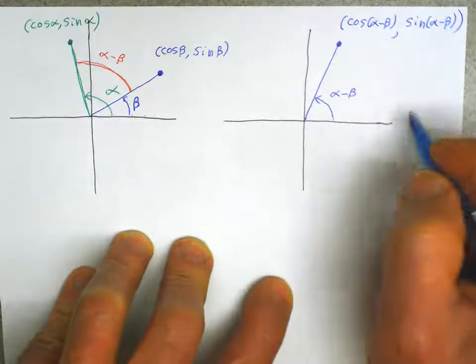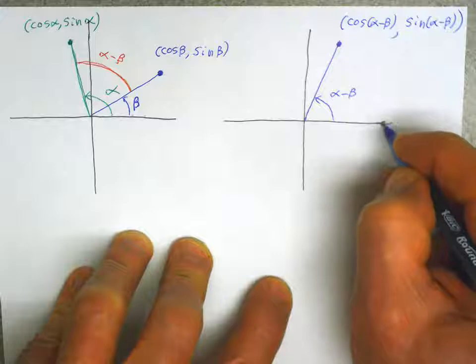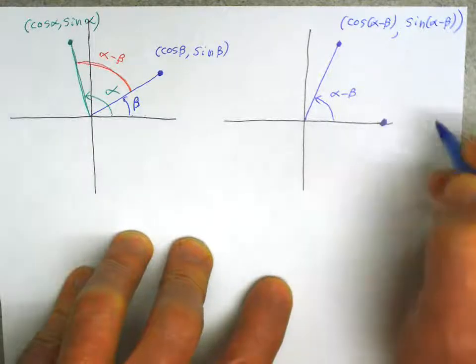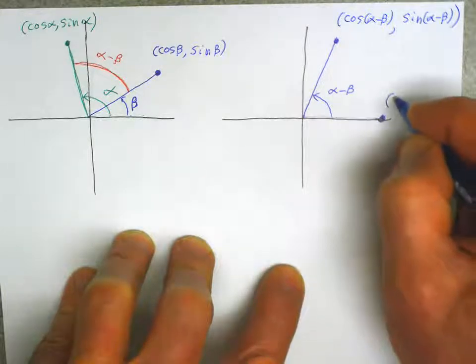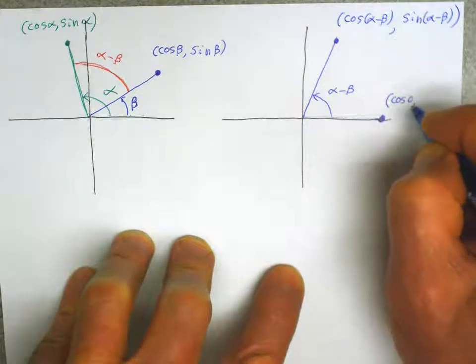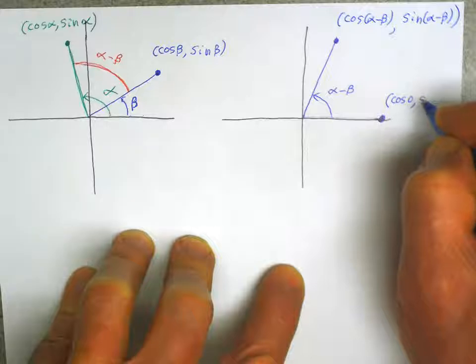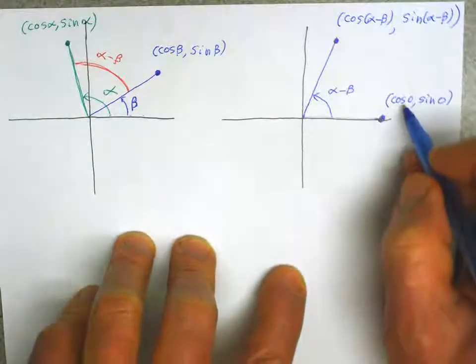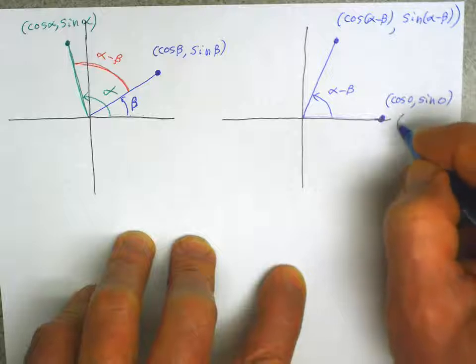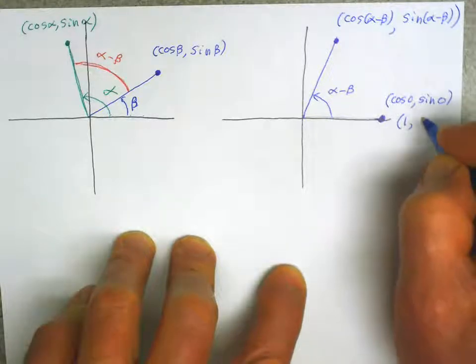And then also on the unit circle is the point on the x-axis where the angle is 0. So this is cosine of 0 for the x-coordinate and sine of 0 for the y-coordinate. But cosine of 0 is just 1 and sine of 0 is 0.